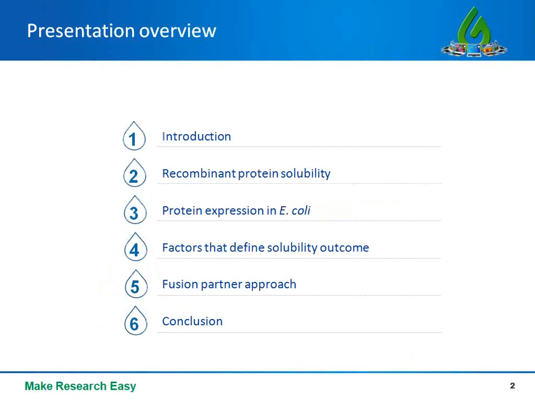So quickly, the overview. This presentation is broadly divided into 5 topics and the conclusion. I'll do a brief introduction about GenScript before introducing the topic, and then I'll take a few minutes to talk about some of our important E. coli expression services. And then we'll look at the challenges with working with an E. coli system and ways to address some of those challenges. At this point, we'll discuss more about protein solubility and the factors that really determine protein solubility.